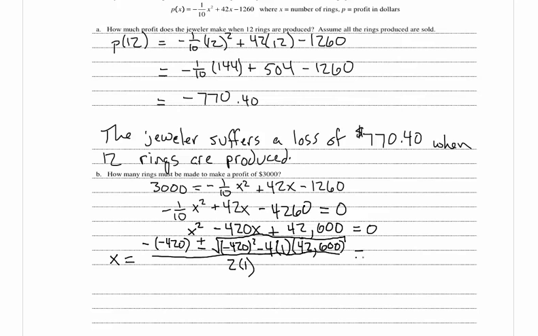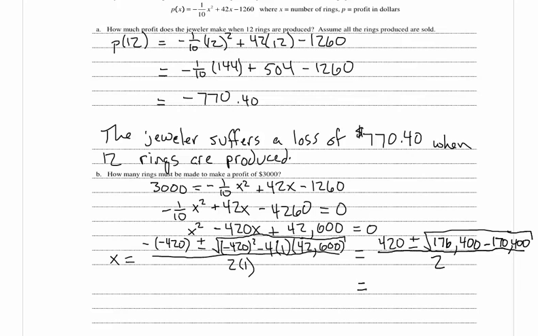And this is equal to 420 plus or minus, and inside the square root, I have negative 420 squared is 176,400 minus 170,400, all divided by 2.